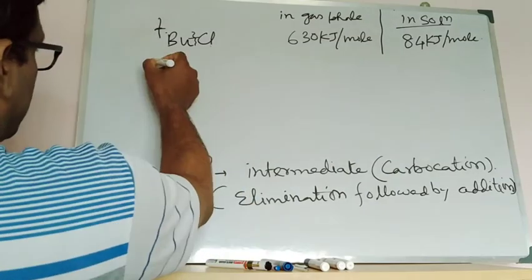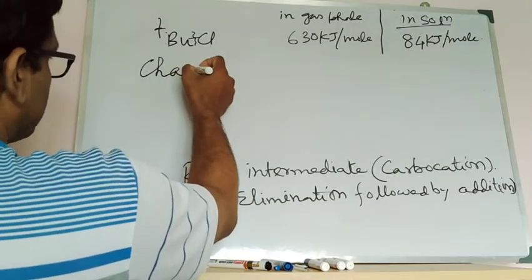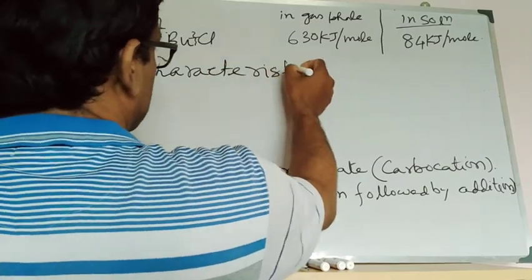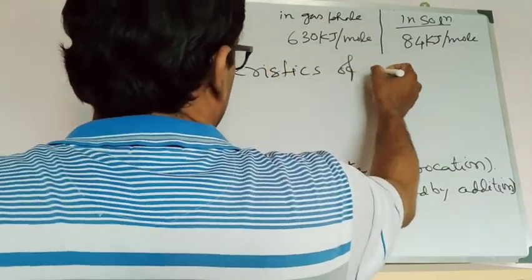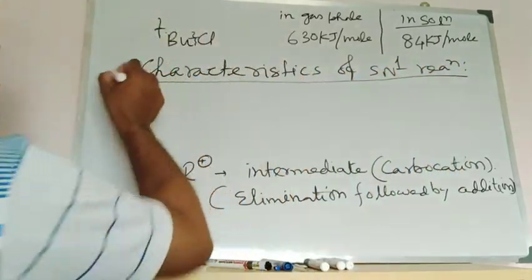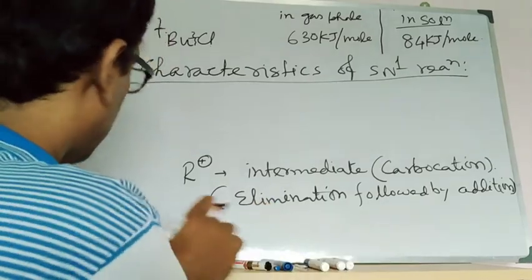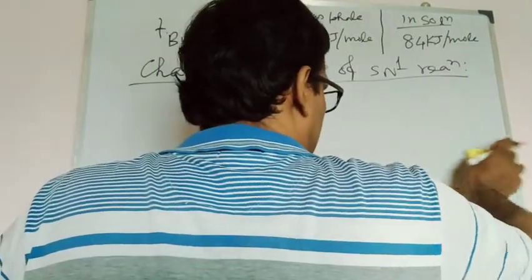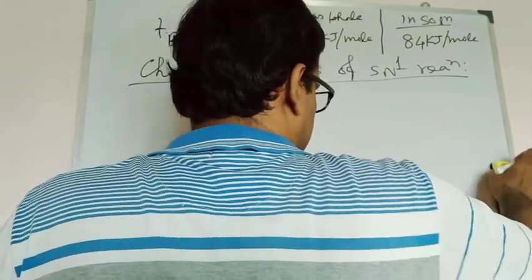So now come to the characteristics of the SN1 reaction. These are a very important part of this reaction. Up to this we discussed the general features, the general mechanism of the SN1 reaction.